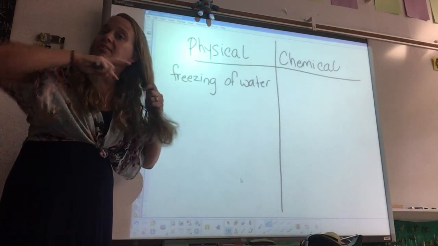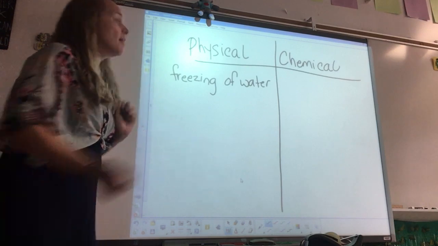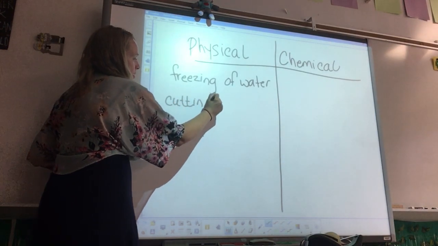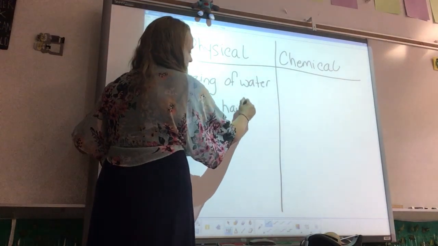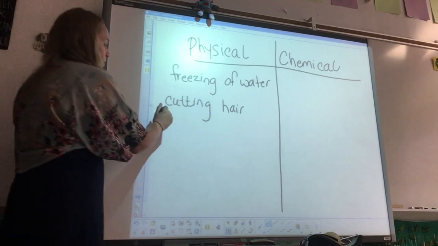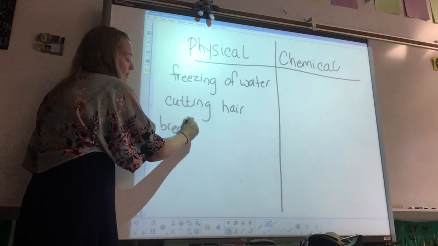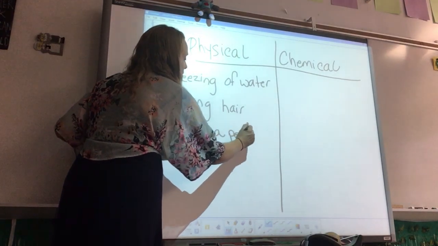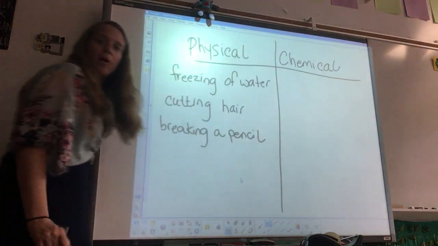Cutting my hair, if I were to just take some scissors and cut my hair right now, that would be a physical change. Breaking a pencil, breaking a glass, ripping paper. Those are all just making more parts of one thing.